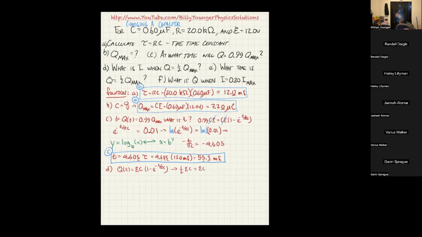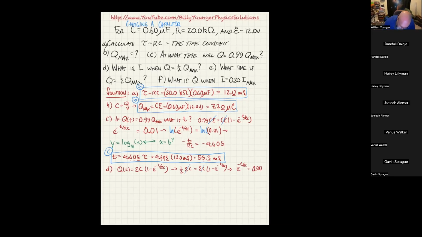So we get EC times 1/2 is equal to EC times 1 minus e to the negative t over RC, which I think now you can tell enough from what I did before that this is going to be e to the negative t over RC is equal to 1 minus 1/2, which is 0.5, and you can use any number of sig figs on that 1/2, really.